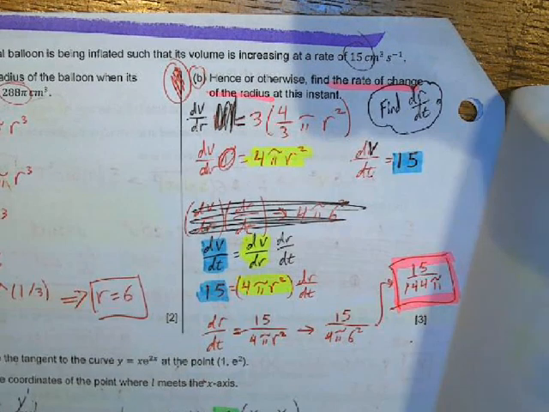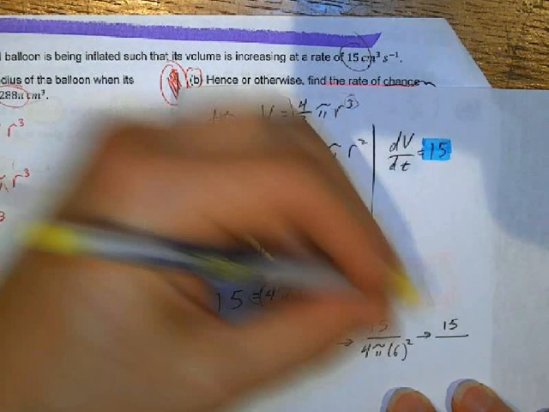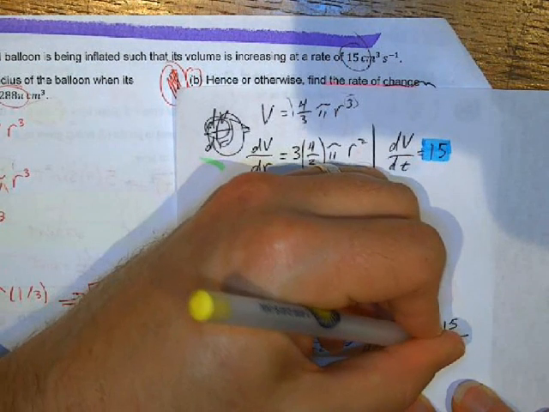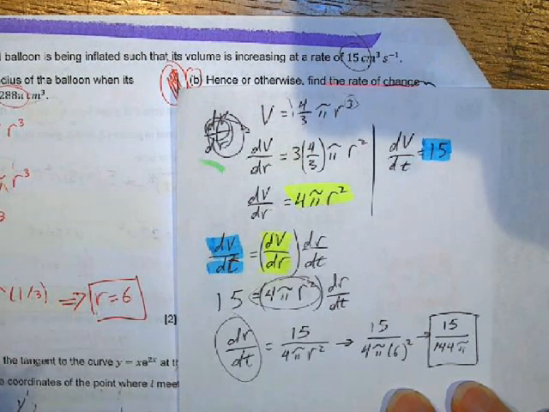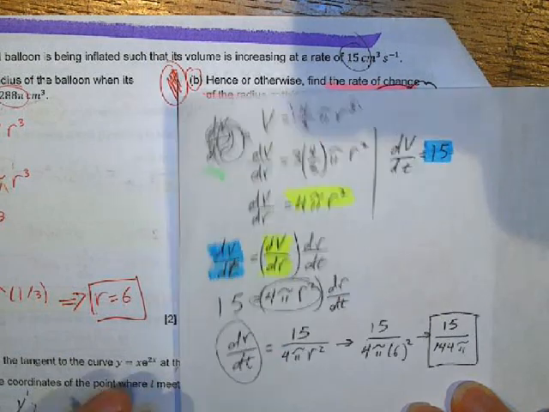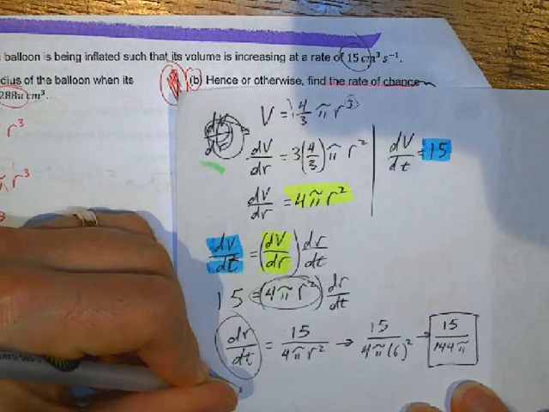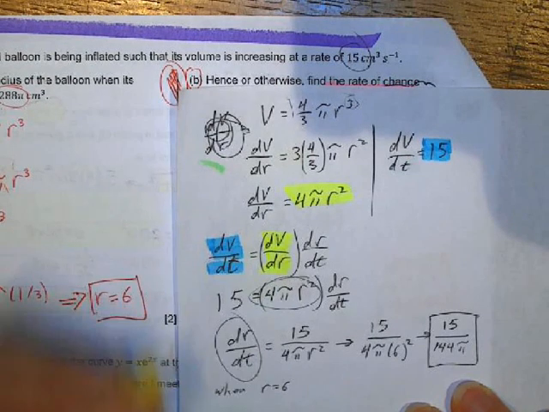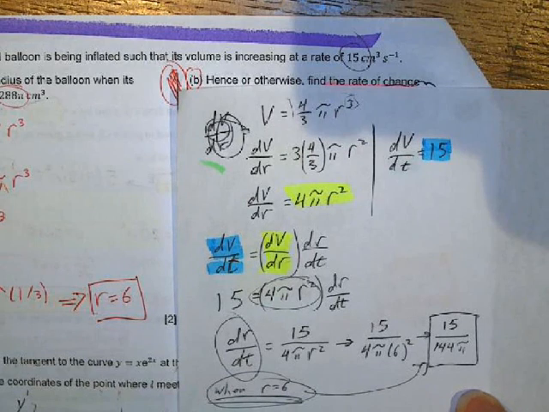So we end up with 15 over 144 pi is the rate at this instant when r equals 6. When r equals 6, this is our rate. Okay?